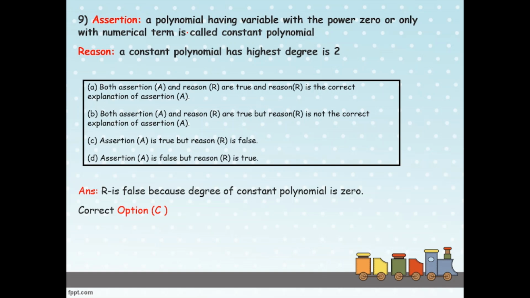Constant polynomial means just now we checked that the degree or the power should be 0. 5x power 0 is nothing but the number 5. So the degree is 0, it's not 2. The reason is false, so we go for option C.